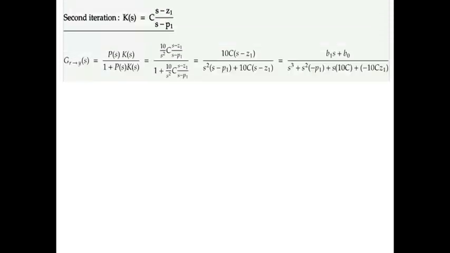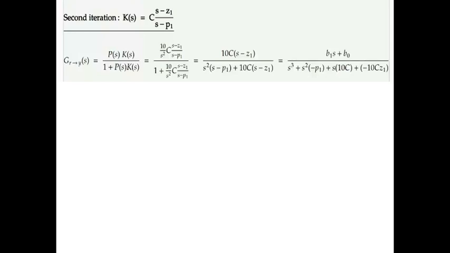Now we'll move on to the second iteration, of the form c (s minus z1) over (s minus p1), similar to the previous problem. Again we substitute P(s), we substitute K(s), and we get this form. Now we see that the denominator is cubic. We have not done any analysis for cubic denominators as such, but we have a good solution for the second order system.